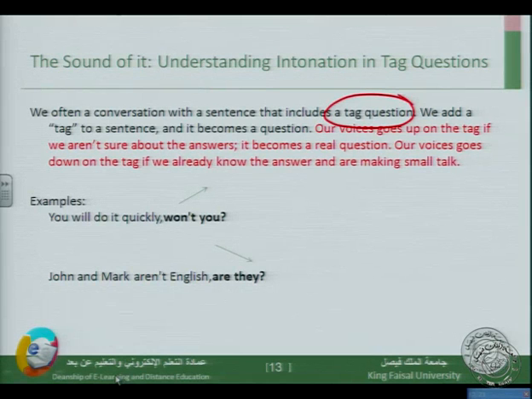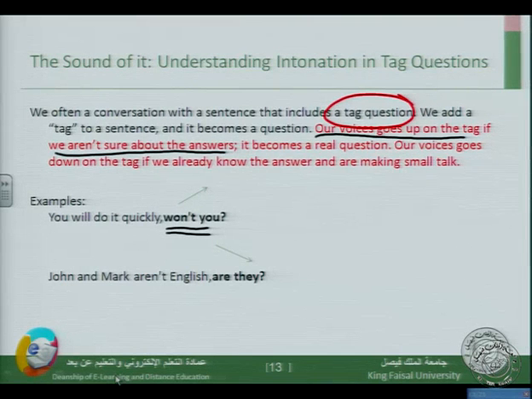Our voices in the tag question go up on the tag if we are not sure about the answers. So our voices rise on the tag if you are not sure about the answers. This is the tag question right here.